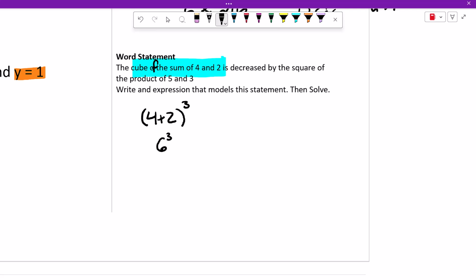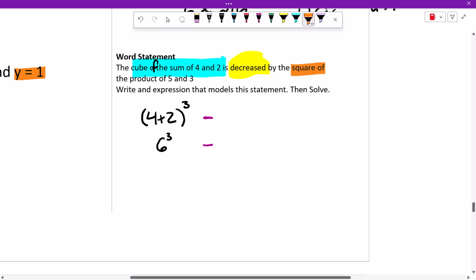Then it says it's decreased by. Decreasing is another word for a math operation. What math operation is that? Minus. So we're going to decrease what we just got by subtracting something. What are we subtracting?